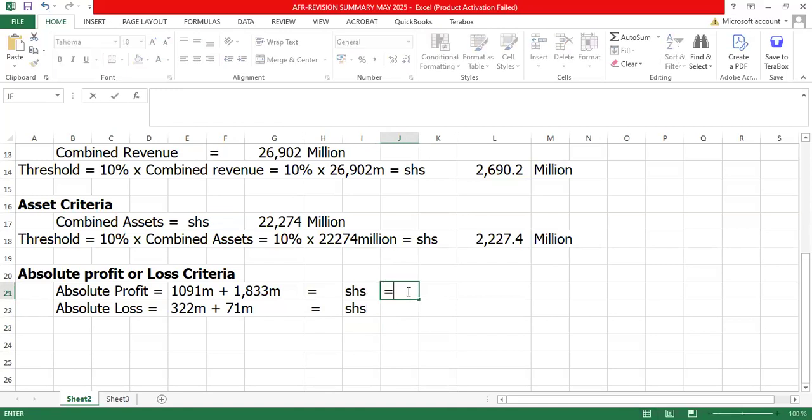This is 1,091 plus 1,833. Then here it's 322 plus 71. So all these figures are in millions.